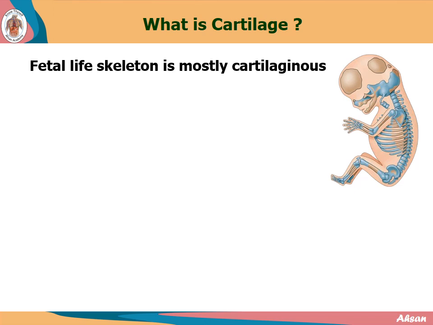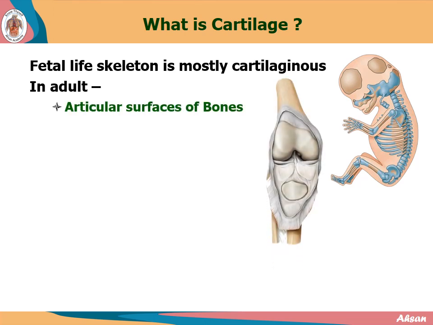In fetal life, most of the skeleton is cartilaginous, and in adults we observe that cartilage covers the participating ends of the bones. This is known as the articular end, and the cartilage is called articular cartilage.